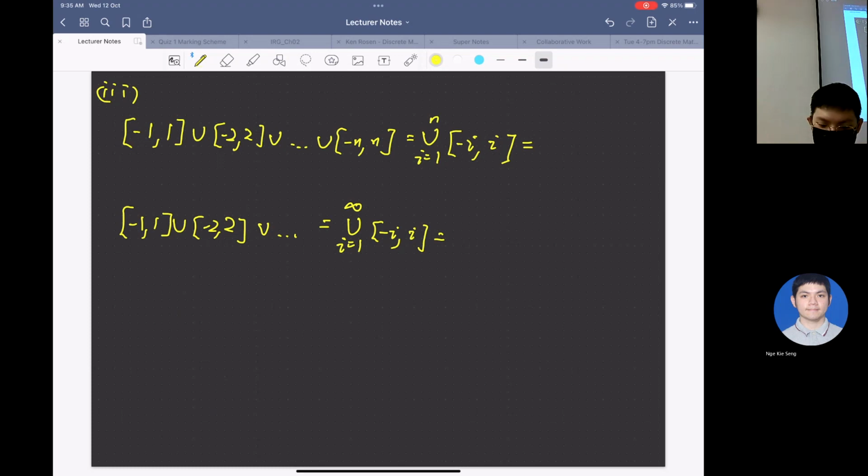Any idea? What's the finite union of the closed interval of minus i? What's the set? Any idea?